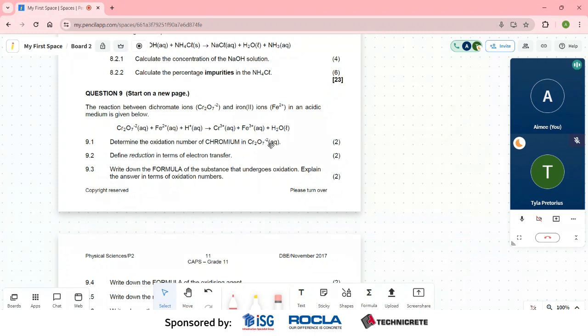When they're asking you for the oxidation number, it generally means that they're asking you to do a small calculation to determine what the charge on chromium was. So you know that the overall charge of this molecule is -2 because it says it there.